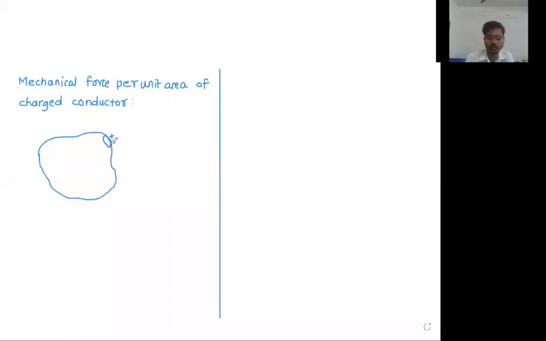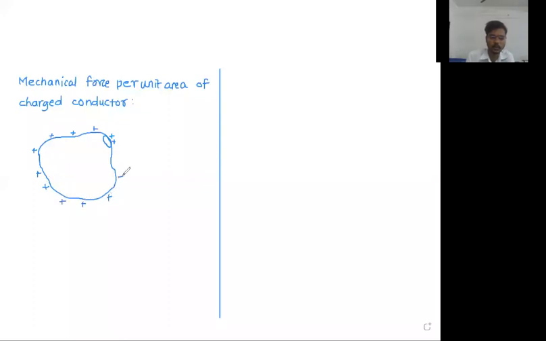A very small charge is present on the first part. So the entire conductor is divided into two parts: this is the first part and this is the second part.